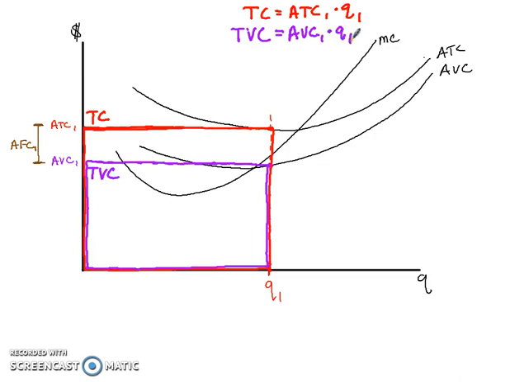And then the last thing for us to find is going to be our total fixed cost. So where's my total fixed cost going to be? Well, my total fixed costs are equal to my average fixed cost, which is the difference between average total and average variable. So my total fixed costs are going to be this distance right here from average total down to average variable. That's going to be the height, multiplied by the base, which is my quantity, Q1 right here.